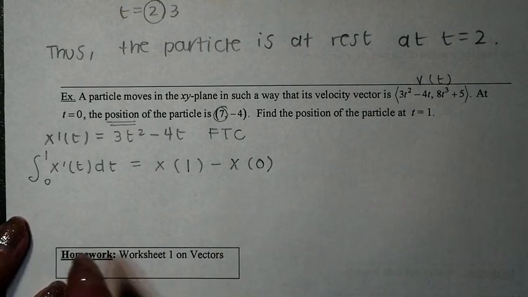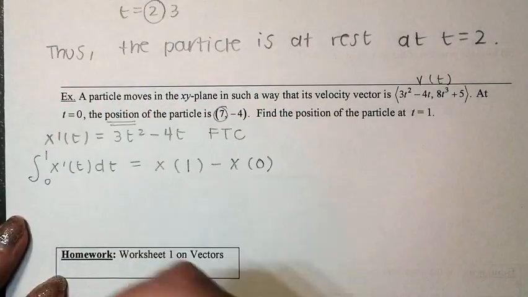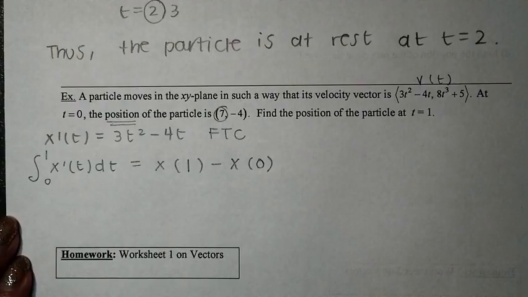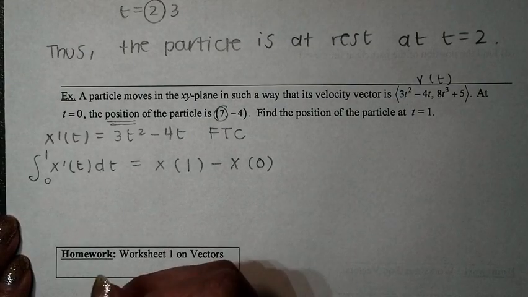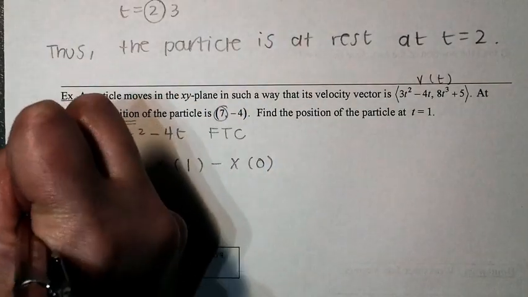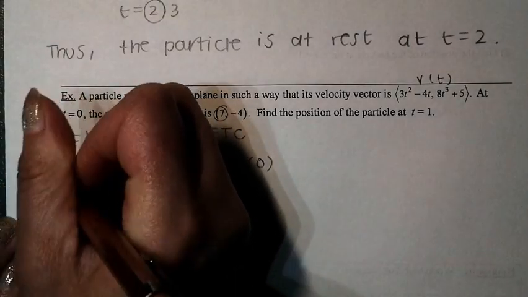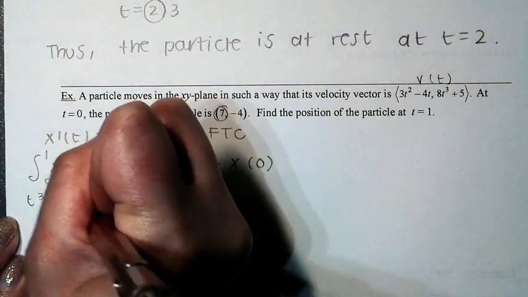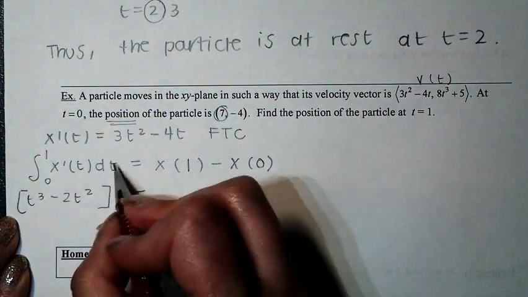So what are we going to do? We're going to take the integral of this guy. Next, you are going to take the integral, which is going to be t to the power 3 minus 2t squared, and you're going to evaluate that from 0 to 1.